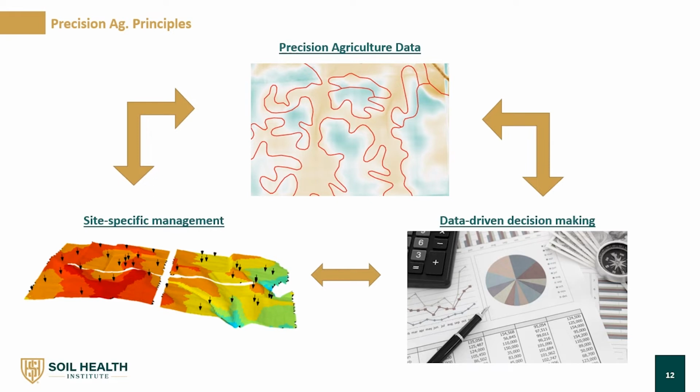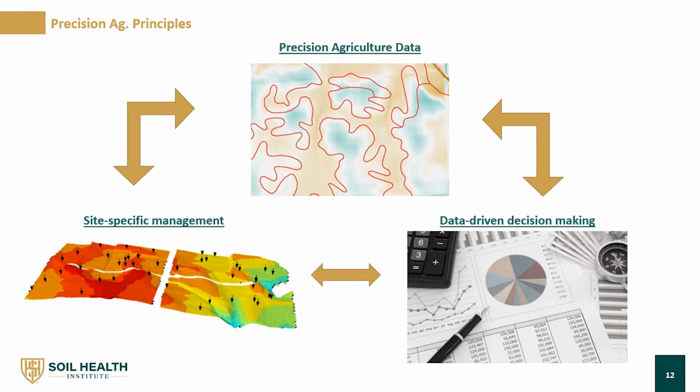The next piece to the greater precision ag paradigm is thinking about ways we can take those precision ag data around the environment and apply them to what we'll refer to as site-specific management, or identifying ways you can address those environmental variations through intensive management to promote sustainability or profitability on a field. And that goes part and parcel with the last component of precision ag, which is data-driven decision making.